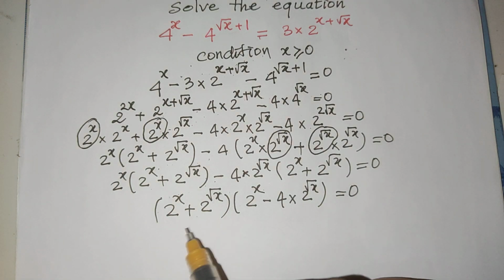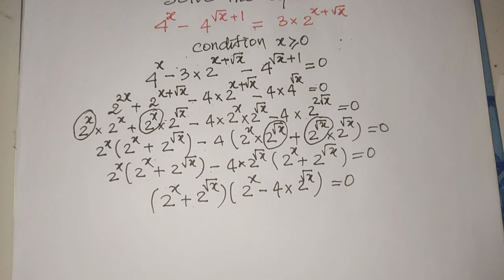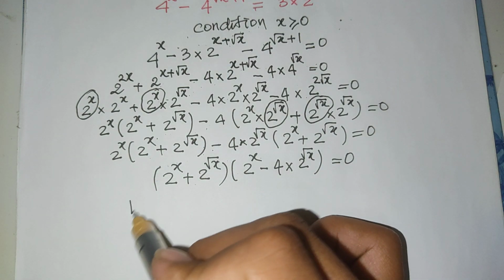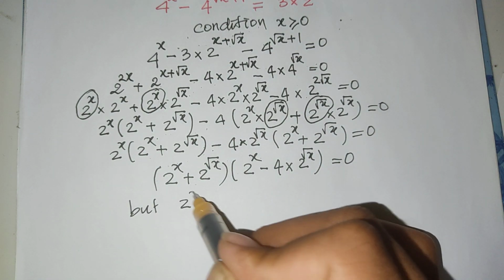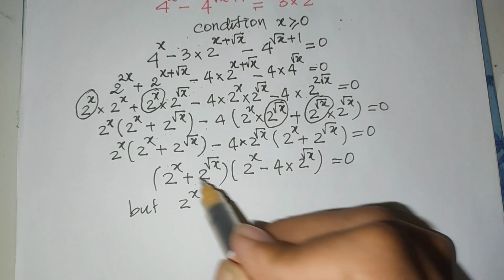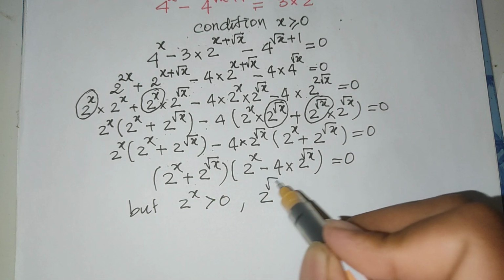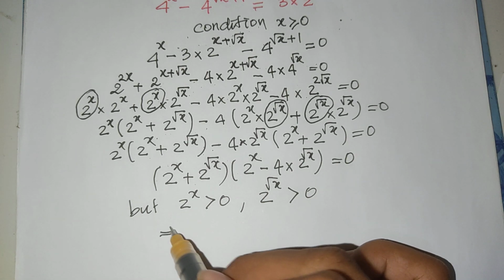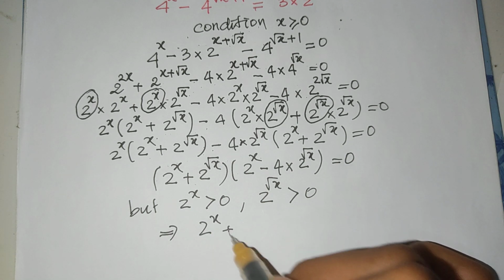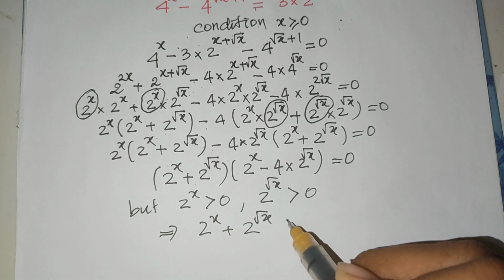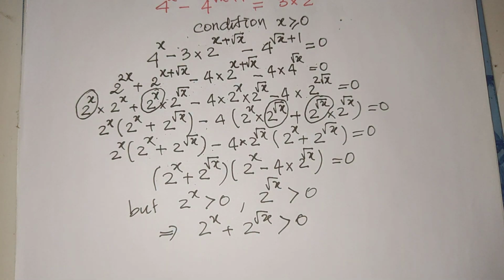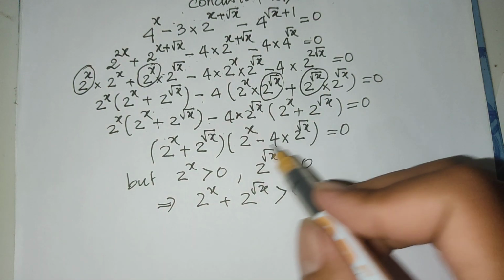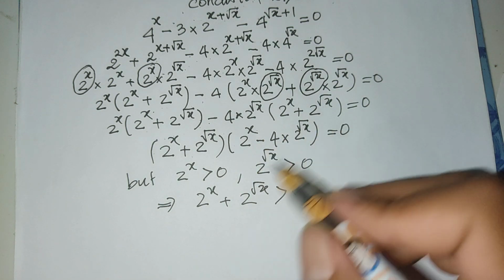So we see these are two factors whose product equals 0. But we know that 2^x is positive and 2^√x is also positive. So 2^x plus 2^√x is also positive. And so now the other factor equals 0.